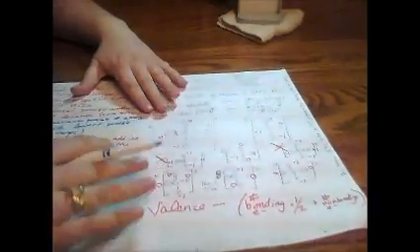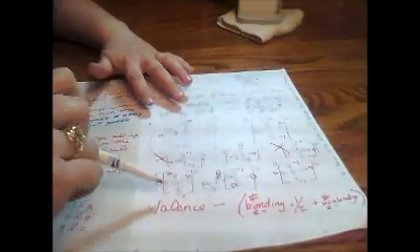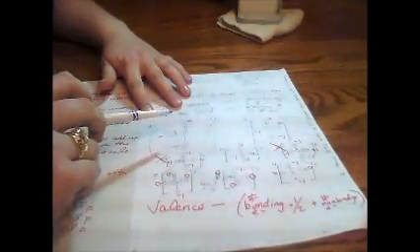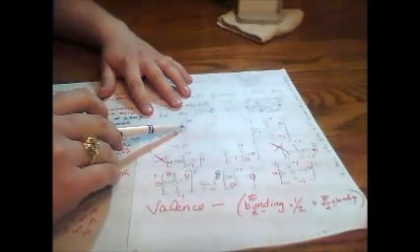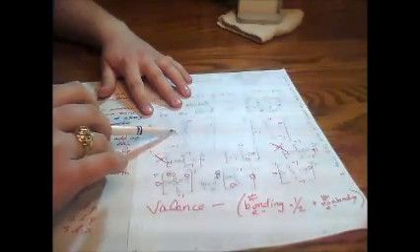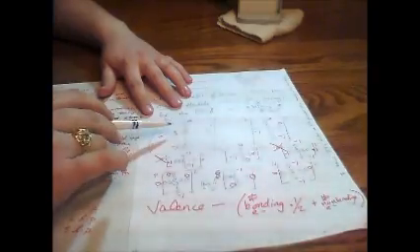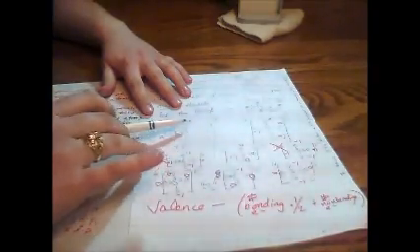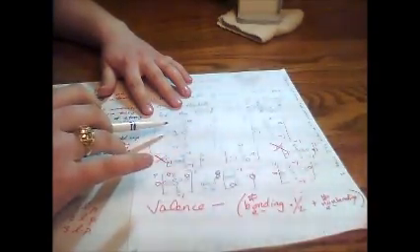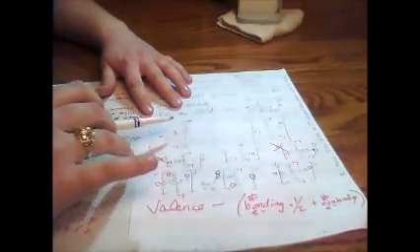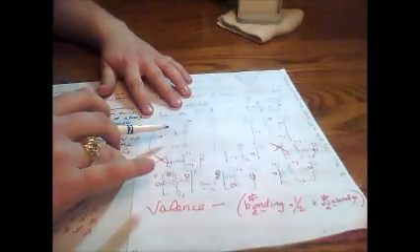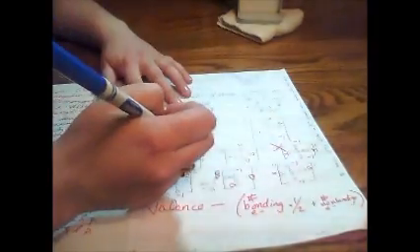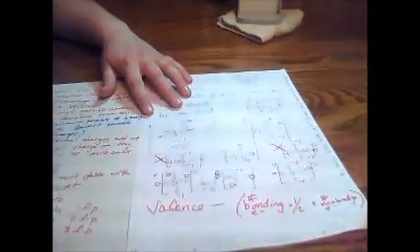So if we take a look at sulfur, we can see that this sulfur has 2, 4, 6, 8, 10 electrons around it in these bonds. And we know that that is a stable configuration for sulfur. So we know that we're okay here.